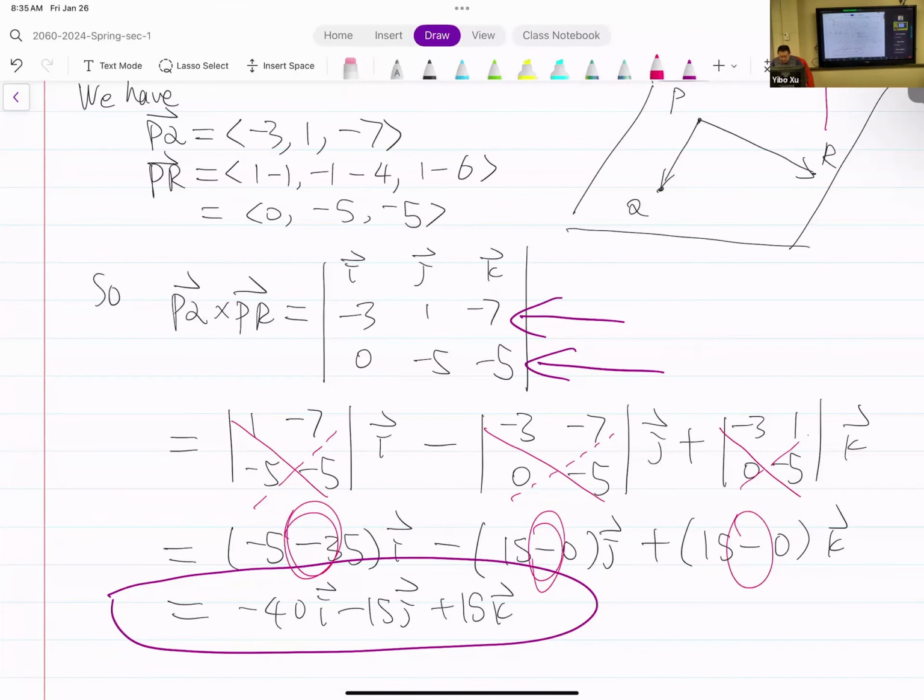We are minusing the product along the off diagonal. That's why there's a minus there. Jason, does that answer your question?